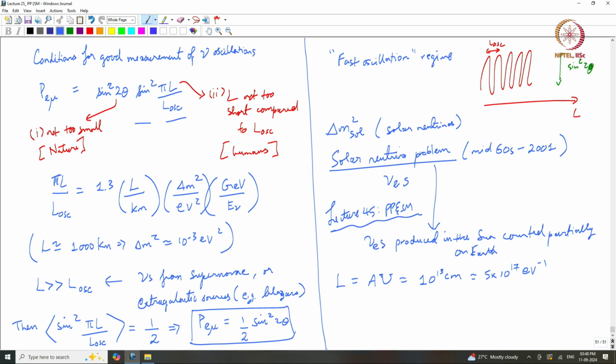Now, what is the energy of the neutrino here? Let us quickly see how to get this energy.